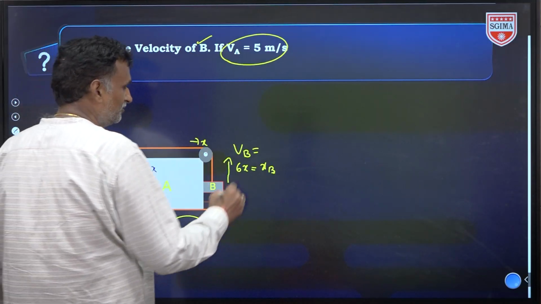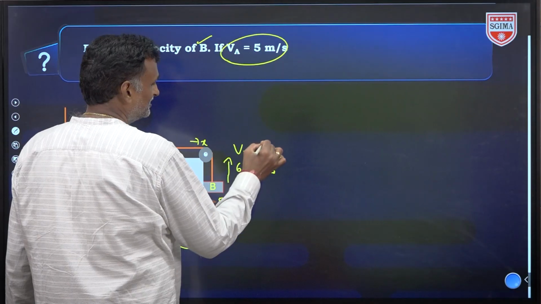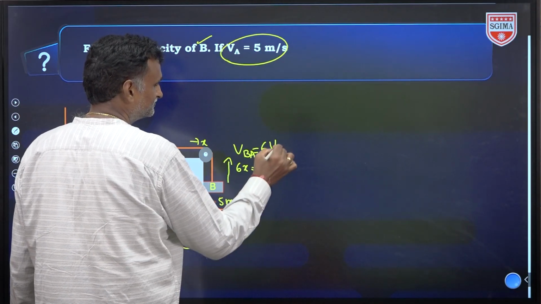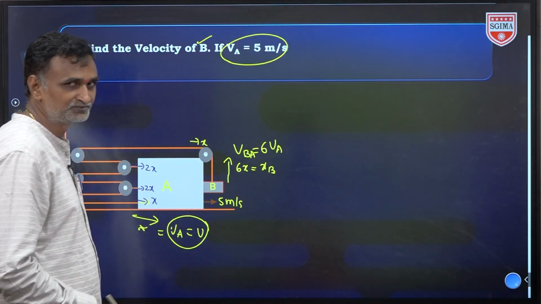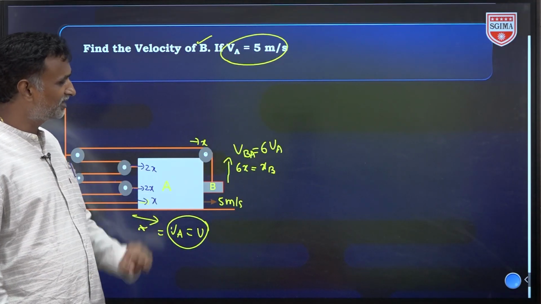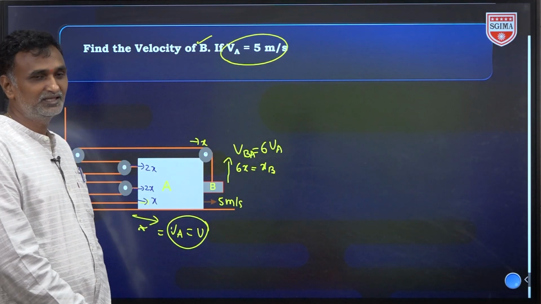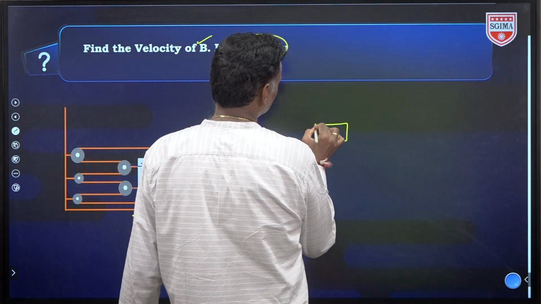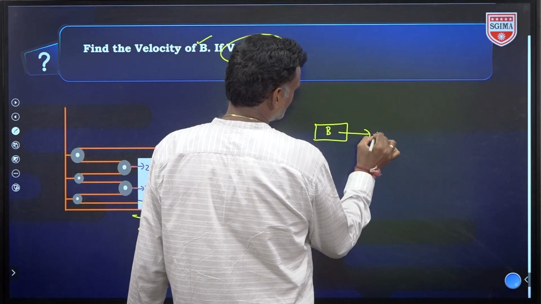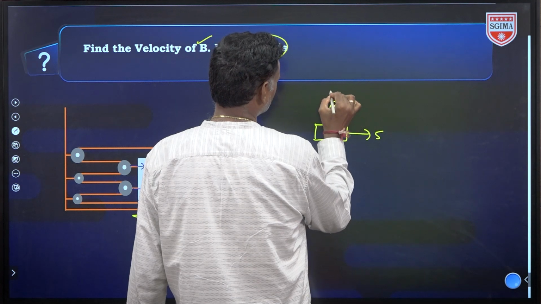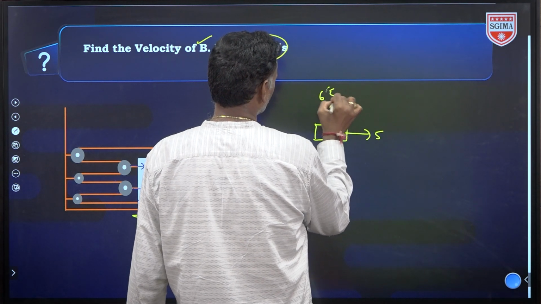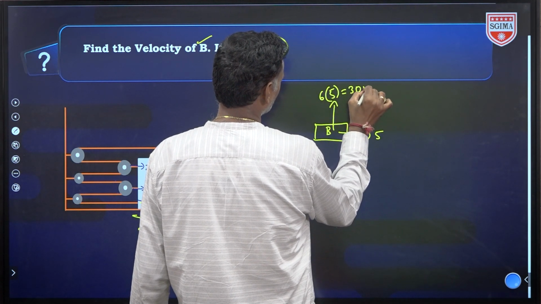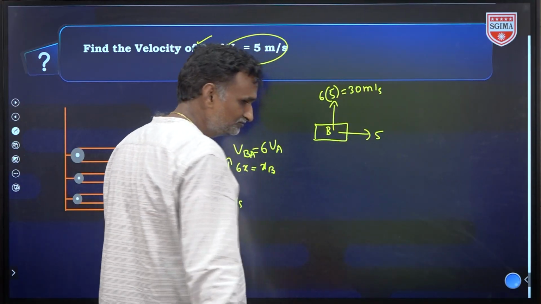So better you write here it is VBA, 6 times of VA. Simply we can write. Okay? So then again block B has a velocity in two directions. So we can write here, right side 5 meter per second, upside 5 into 6, that is 30 meter per second. Okay.